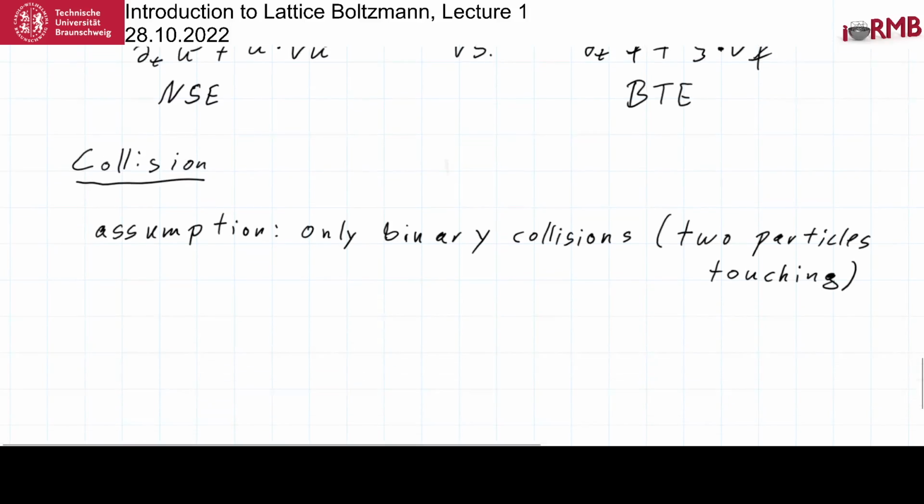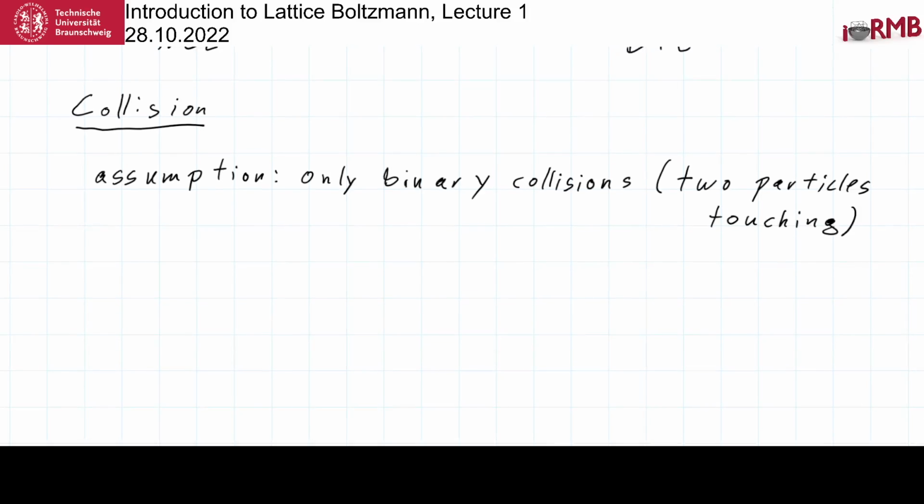Okay, let me try it first. So we have particles in velocity space. So this is supposed to be xi and upsilon. So it's now drawn 2-dimensional, obviously.